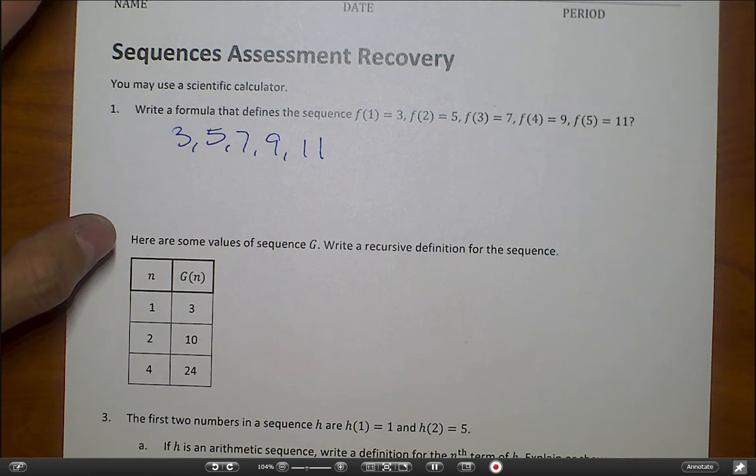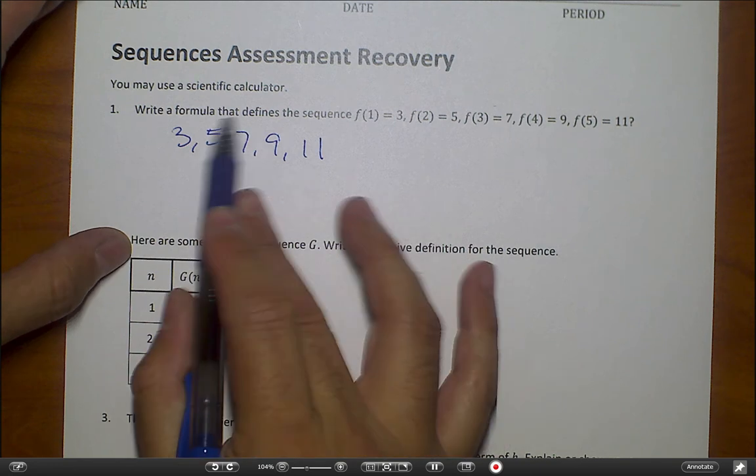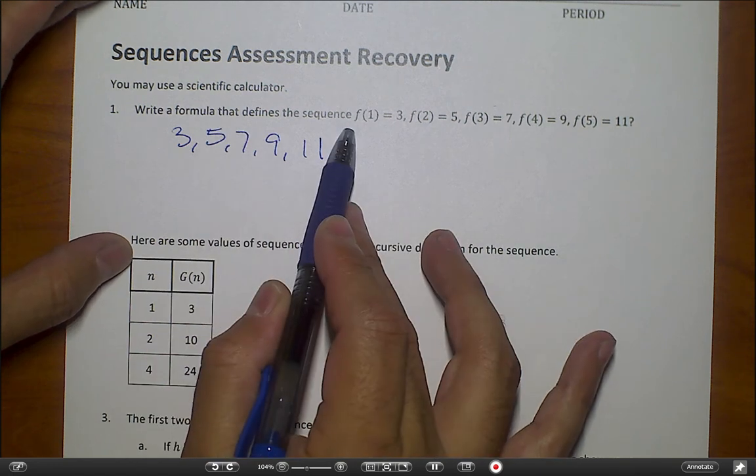Adding 2, right? So we're adding 2 every time. So this is not going to be a recursive. I'm not going to require the previous term. I want just a definition for the sequence, not recursive though.